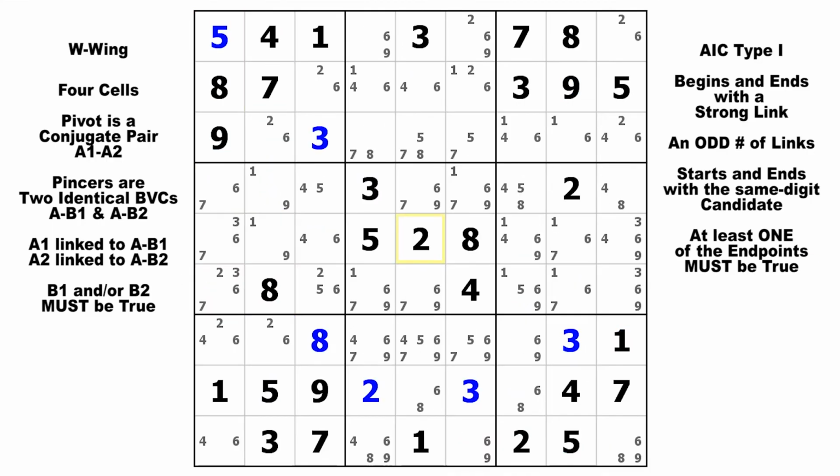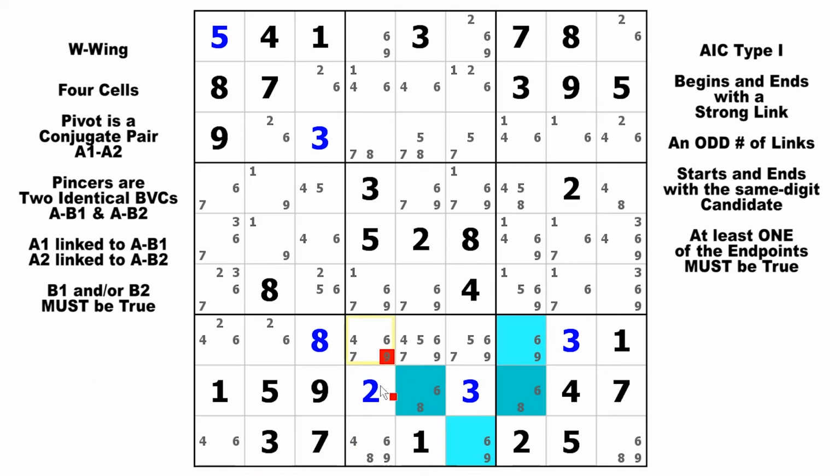All right, once again, we've got our conjugate pair sandwiched in between the pincers like this. There's the two pincers, 6-9 and 6-9. The conjugate pair is on the two 6s in row 8. So there's your W wing, and candidate 9 is our candidate B. So that means any candidate 9 that can see both of those 9s will be false.